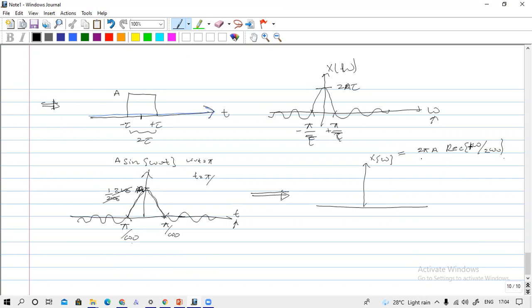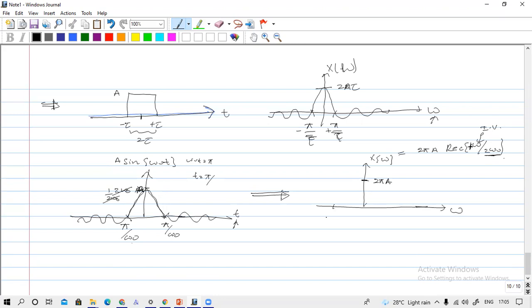So you can see that here the amplitude is 2πa, and this is in the omega domain, because this is the independent variable. You can see that the pulse duration is 2 omega naught.